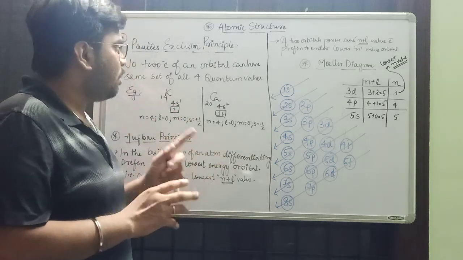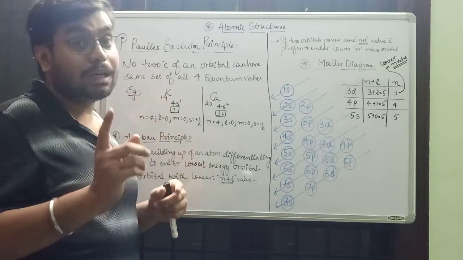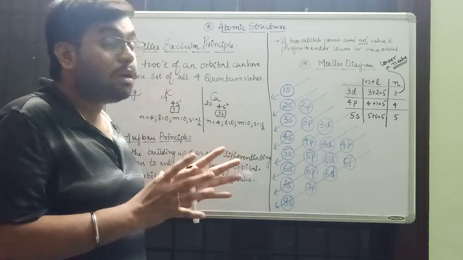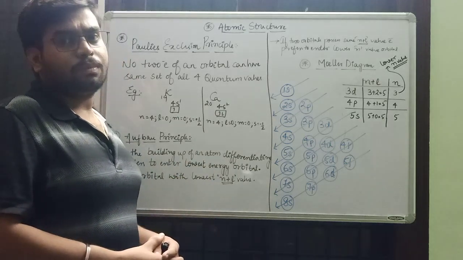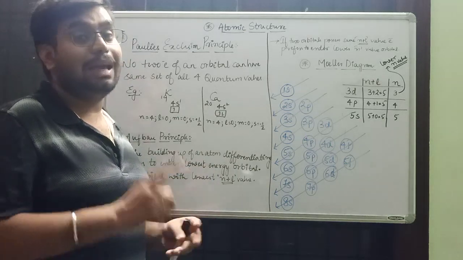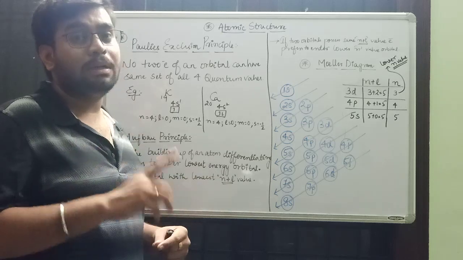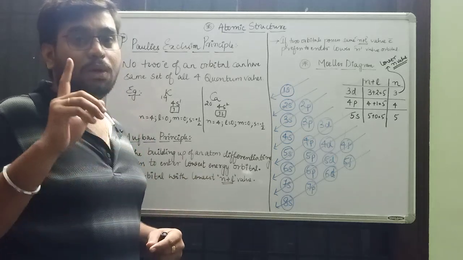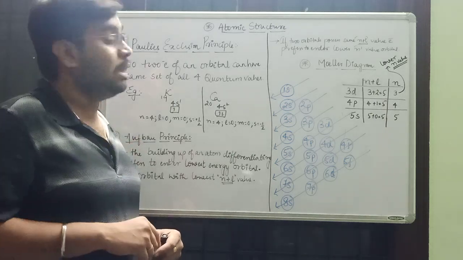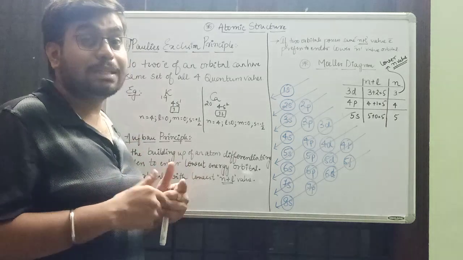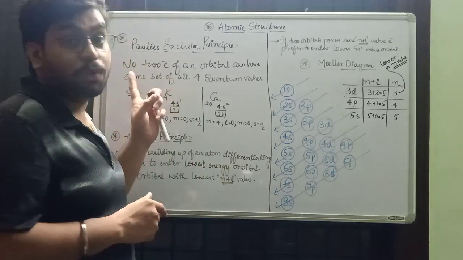All the rules, almost this one and the other Hund's rule, will be depending on the arrangement of electrons and the quantum values. What are quantum values? n, that is principal quantum number, l, azimuthal quantum number, m, magnetic, s is spin. So now we will be discussing the Pauli's exclusion principle.